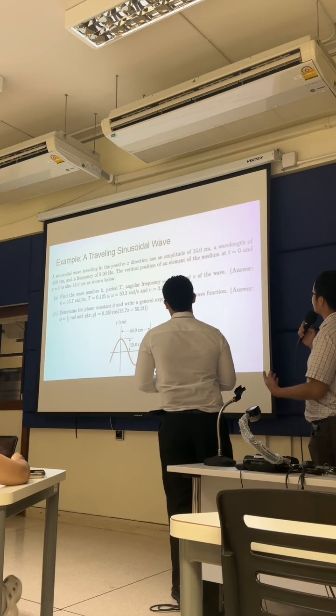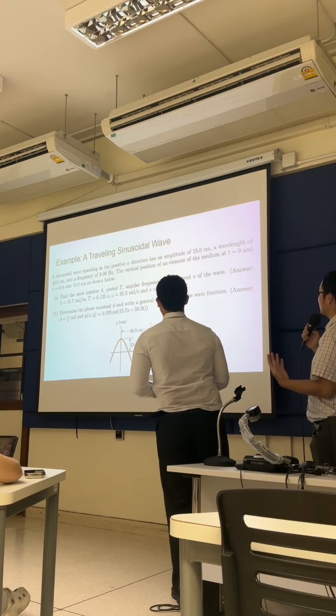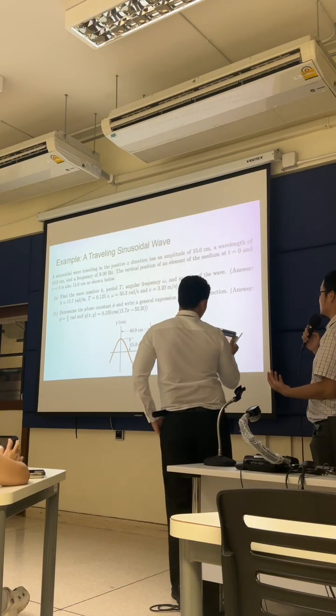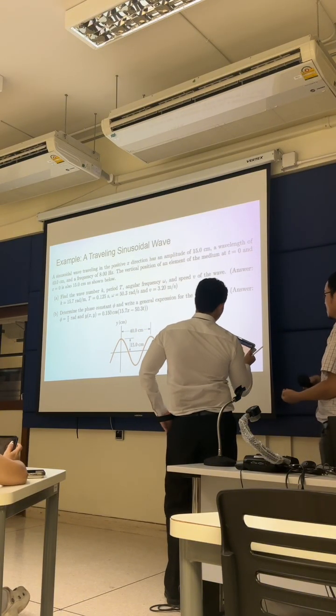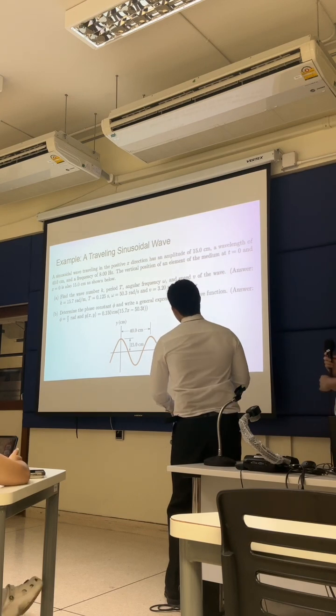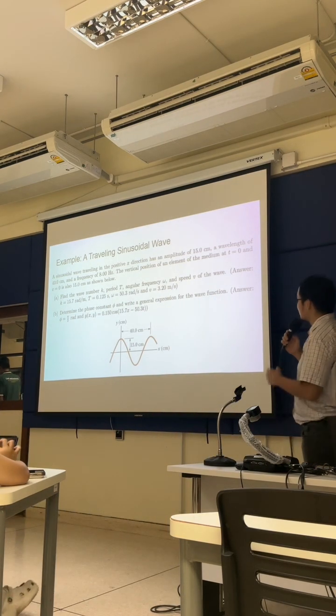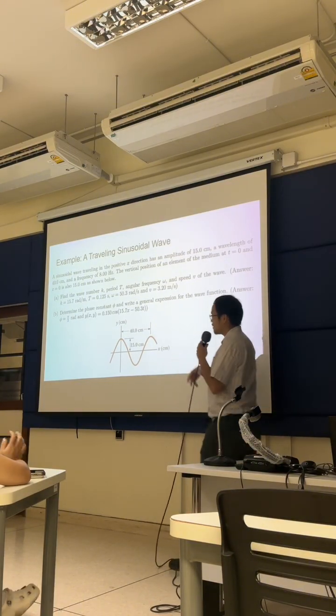F is a frequency, and lambda is a wavelength, but maybe there is a way to involve amplitude into this, but that's beyond me. Yeah, so lambda is a wavelength, so it is like right here.